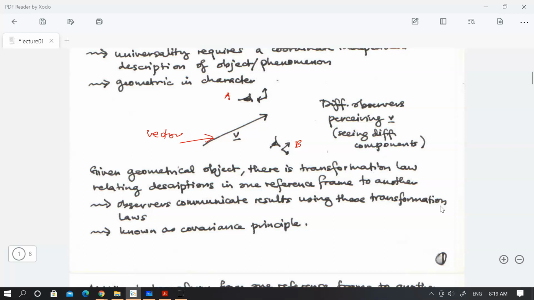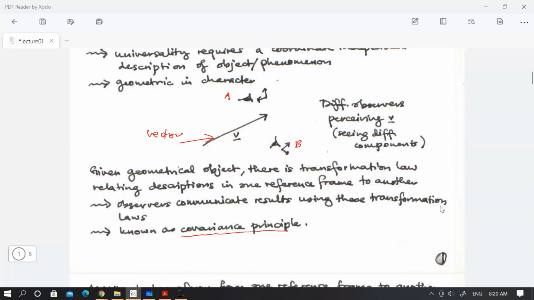Okay, so once you have these transformation laws, then the different observers can communicate their calculations or their measurements, for example, and then they can compare their results with each other using these transformation laws. The fact that you have this transformation law is actually a kind of physical principle in physics, called the covariance principle.